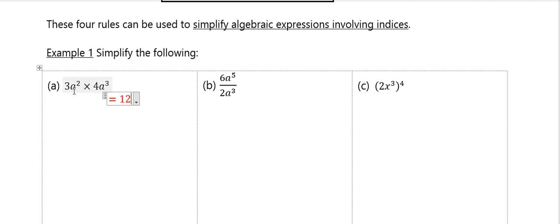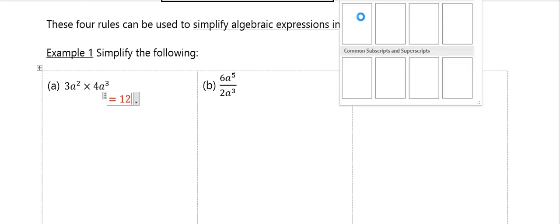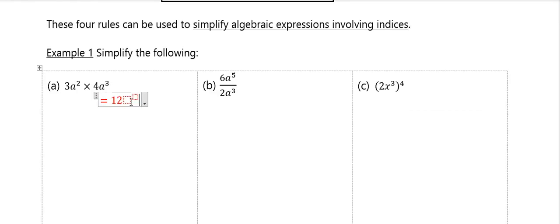What about a squared times a cubed? Make sure that you follow the rule. When you multiply two index numbers with the same base, you add the powers together.